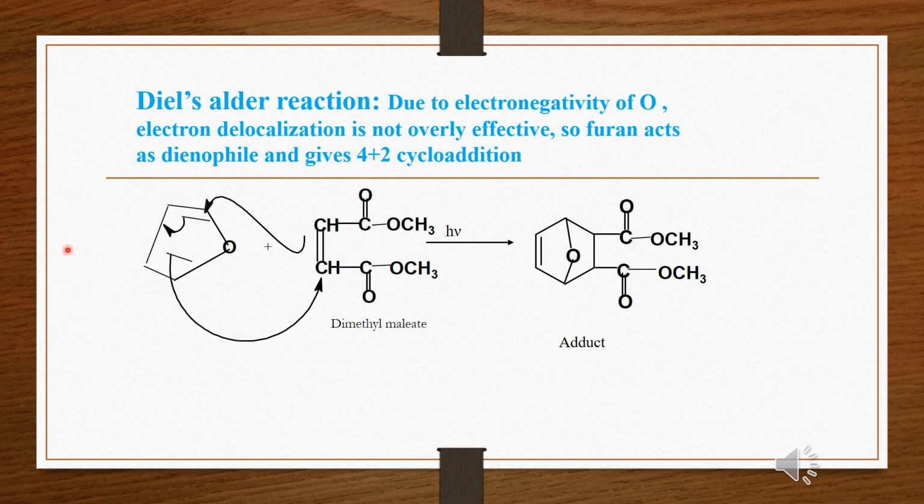So delocalization, electrons will not move through the system as effectively as in other systems. It has a lot of electrons on oxygen, and it can give those electrons to dienophiles and undergo 4+2 cycloaddition. So in presence of dimethyl maleate, it gives an adduct.